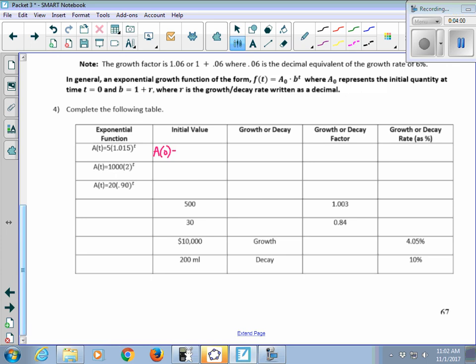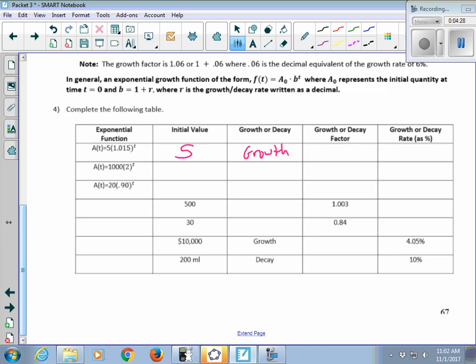A of 0 is how you calculate an initial value, which is 5 times 1.015 to the 0, but anything to the 0 is 1, so that says 5 times 1, which is just 5. My growth or decay. Is it growth or decay? So it is growth because my factor 1.015 is bigger than 1.